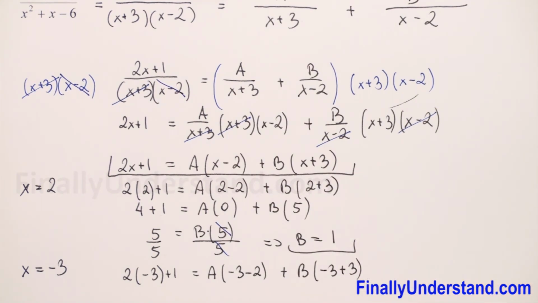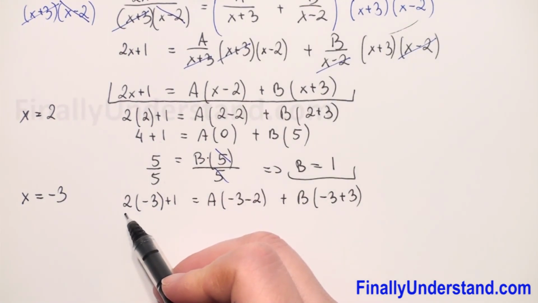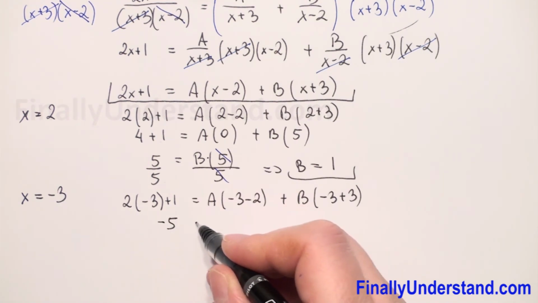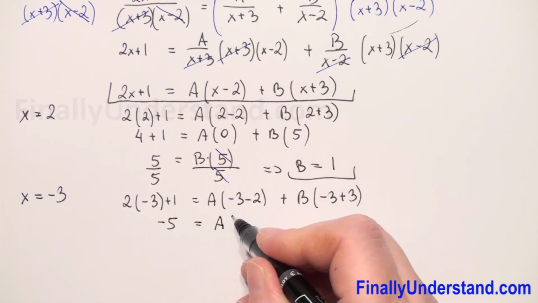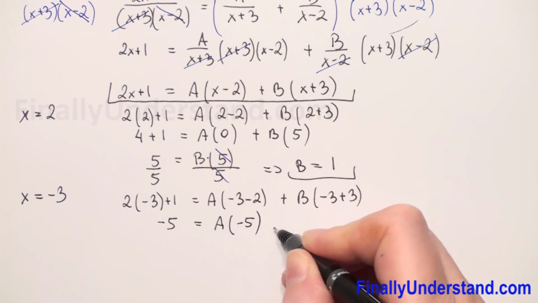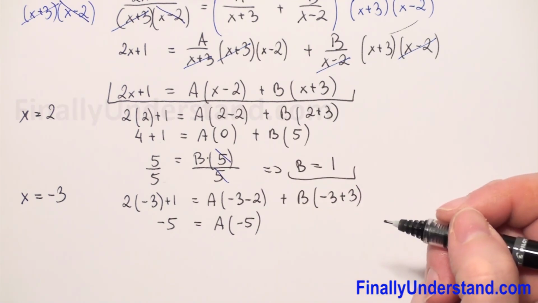So -3 times 2 will be -6 plus 1, so will be -5. This is equal to a times -5. b will be times 0, so this is 0.